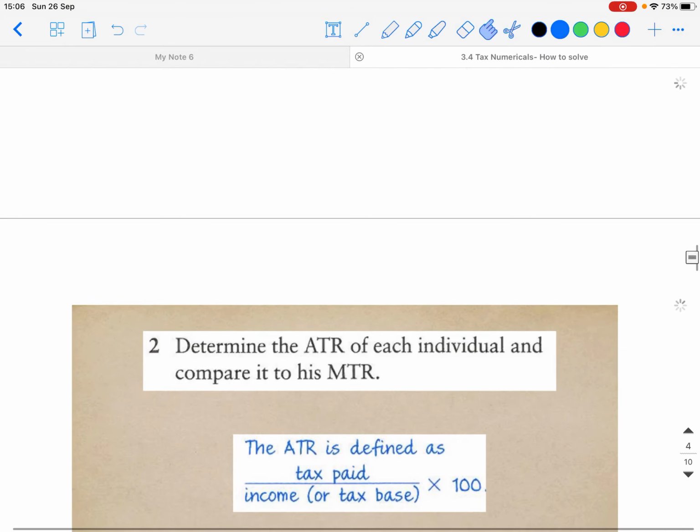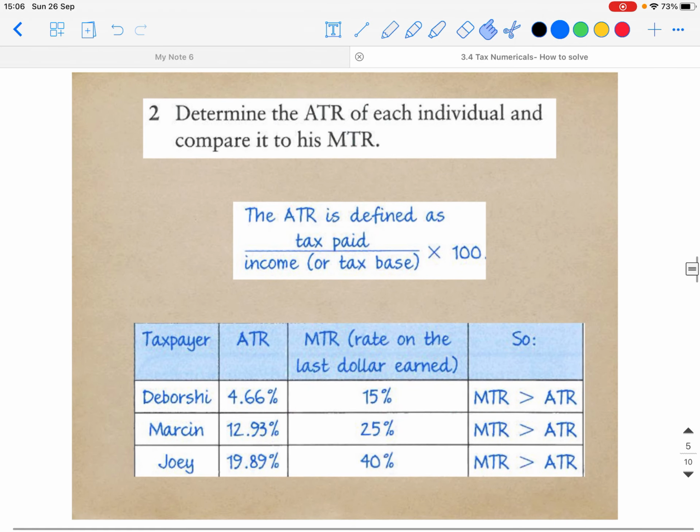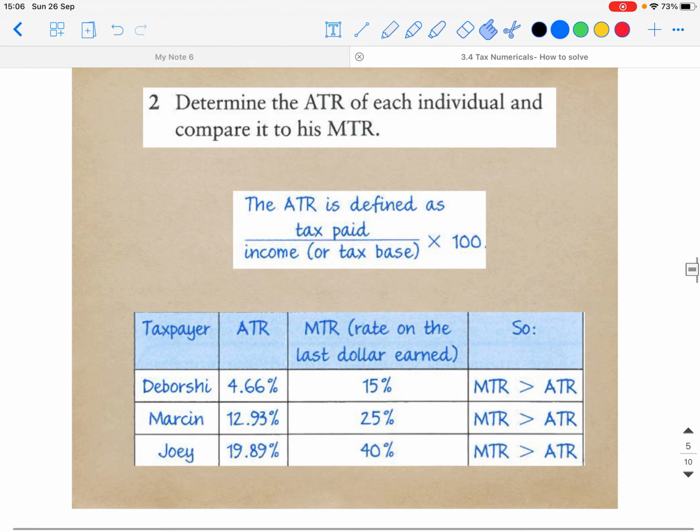So how will we answer this question? The second question was: determine the average tax rate of each individual and compare it to his marginal tax rate. We can find out for each individual the tax paid upon the income, times 100.